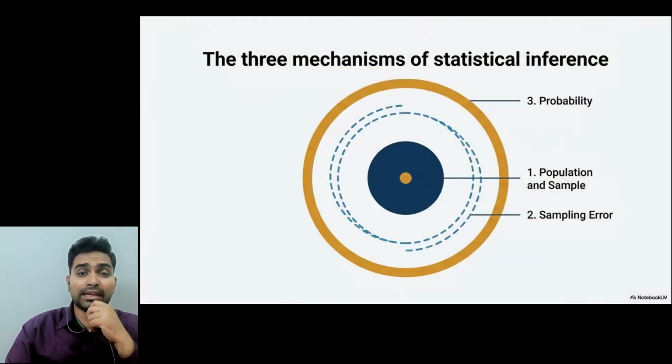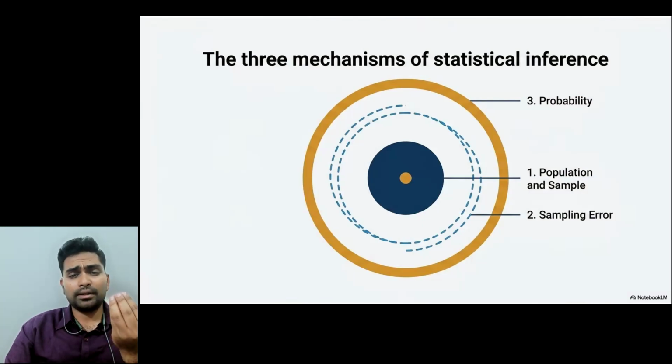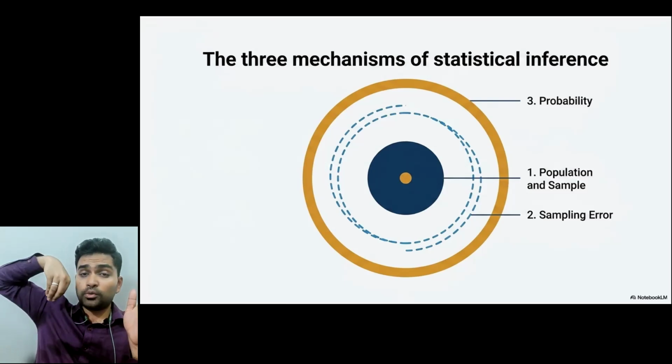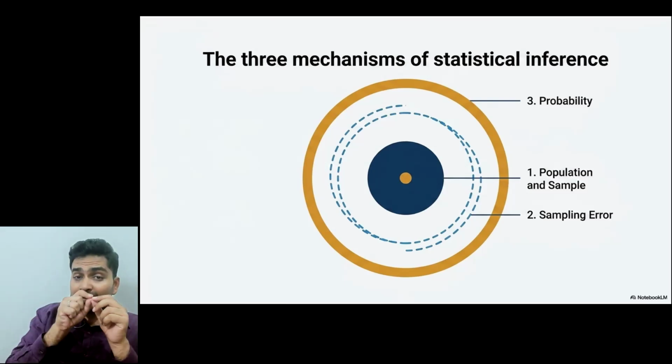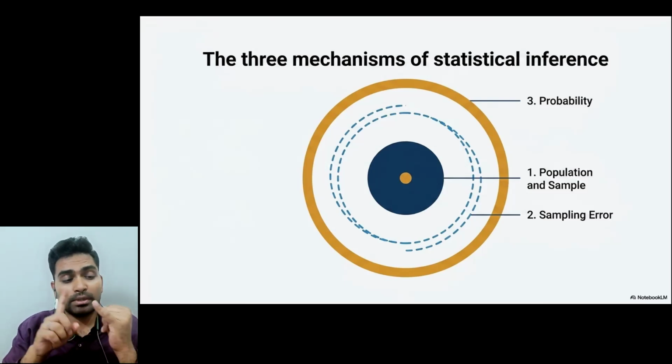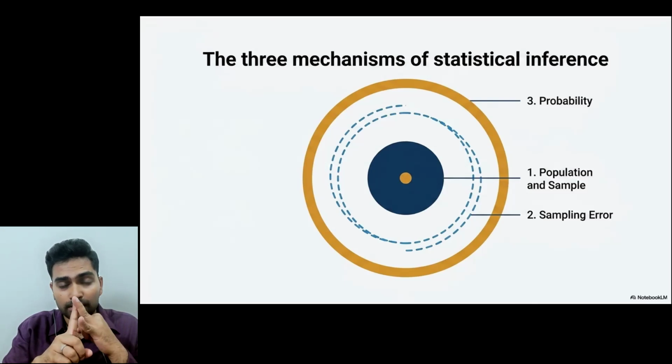So the three mechanisms here are, first thing is you take your sample and you try to generalize it to the population. Two things can happen here. The first one is probability, the larger thing. Using probability, you are trying to project it, extrapolate it to your larger population. That is where, remember, we studied type 1 error, type 2 error.